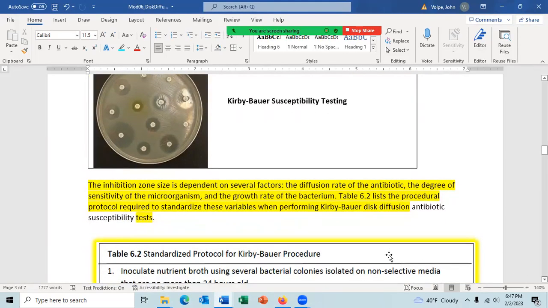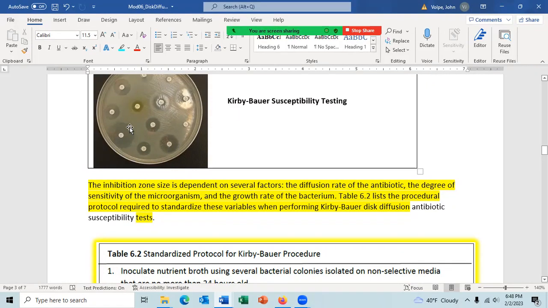The inhibition size is dependent on several factors. Obviously, it's dependent on how sensitive the bacteria is to the antibiotic. That's the one we're most interested in, but there are other factors that come into play too. The diffusion rate of the antibiotic is very important in determining the size of the zone of inhibition. The smaller the antibiotic, the greater it can diffuse on the agar.